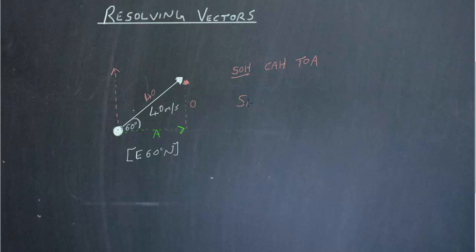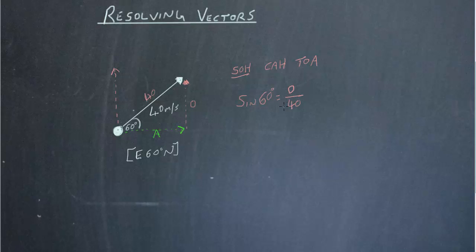So we know that sine 60, that's 60 degrees of course, is equal to our opposite, which we're trying to find. We'll just do an O over our hypotenuse, which is 40, and obviously that's going to be unknown over 40.